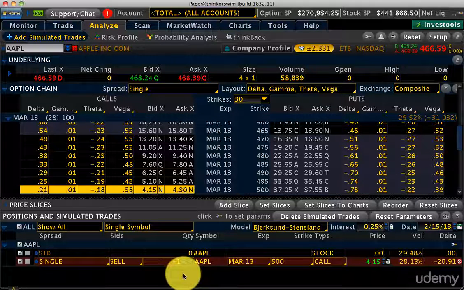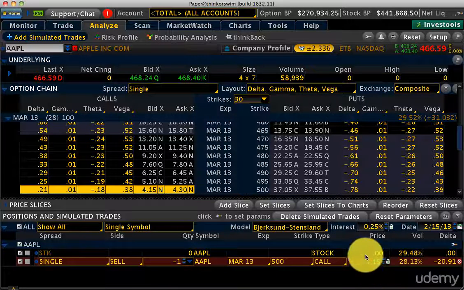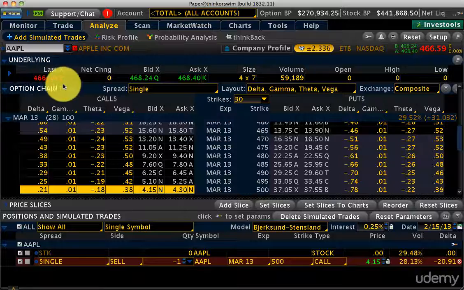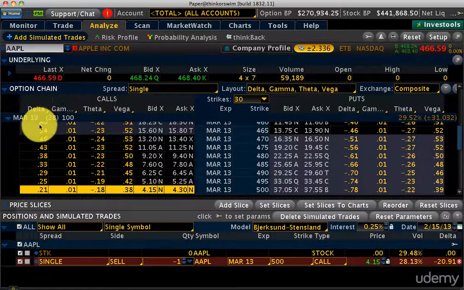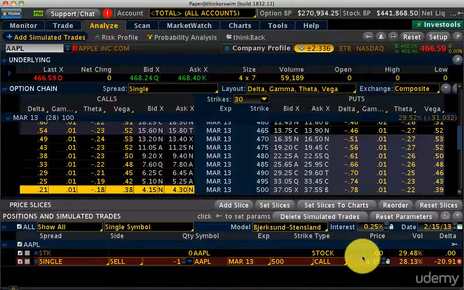So this is what you would call a covered call strategy. A covered call strategy is an income strategy for stocks that you already own, because you're picking up this income. If you look at this income, $4.15, as a percentage of Apple, it's almost 1%. So in one month, you can make almost 1% on Apple by applying this covered call strategy.